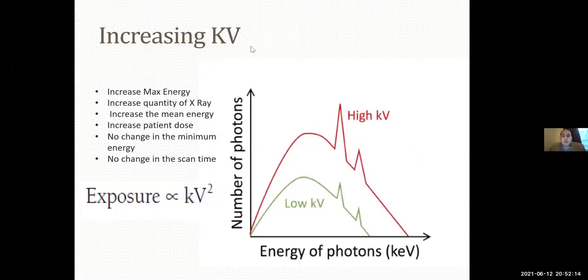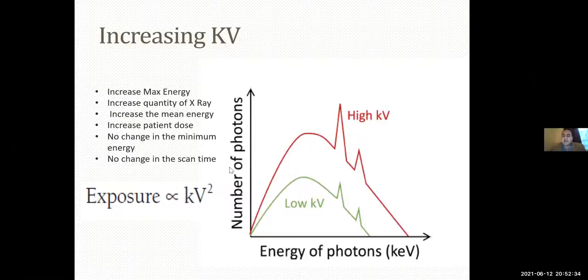So increasing kV, what will happen to the X-ray spectrum here? This is a spectrum of low kV and this is a spectrum of high kV. Increasing kilovolt increases the maximum energy, as I said before, and also increases the intensity of radiation, because exposure is directly proportional to kV squared.